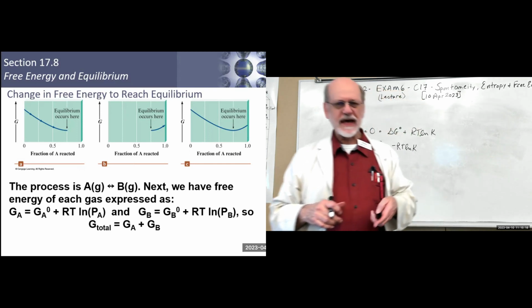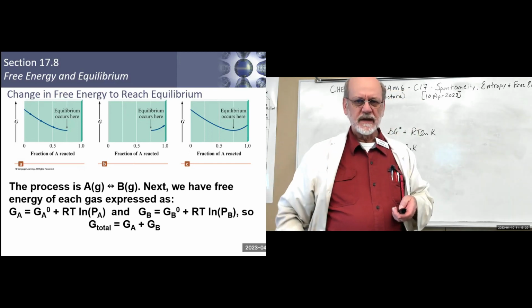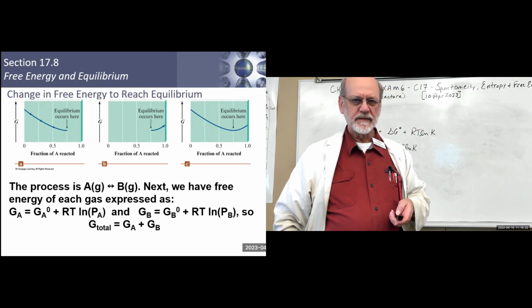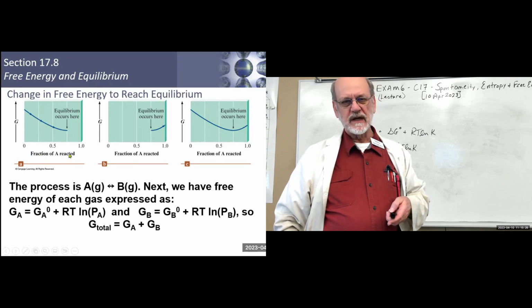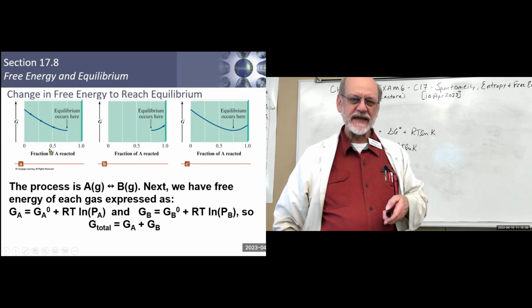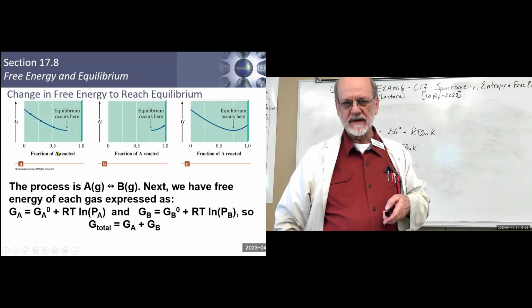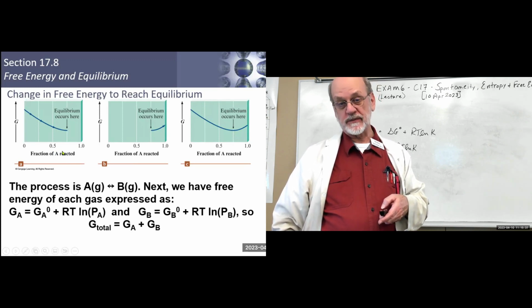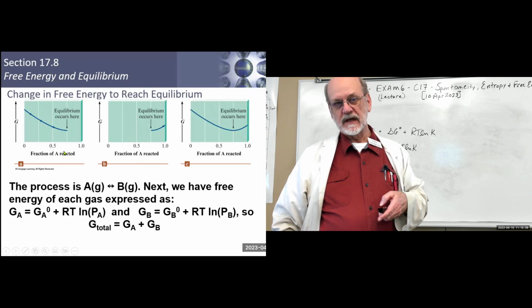So I think what this slide is trying to do is to get us to look at the difference between how much in a reaction where A is a reactant, B is a product, and we're in an equilibrium situation, or we're trying to reach equilibrium.